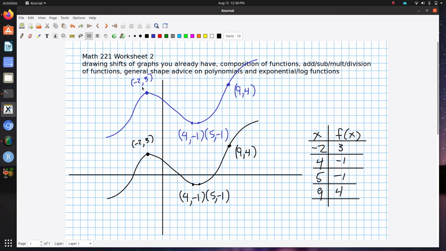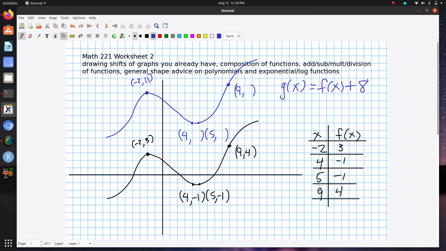Okay, so I've just shifted f up a bit. How much have I shifted it up by? You can tell me. 1, 2, 3, 4, 5. I shifted it up by 8. So g of x is equal to f of x plus 8. That's the way I'd write this, and then I'd put 8.